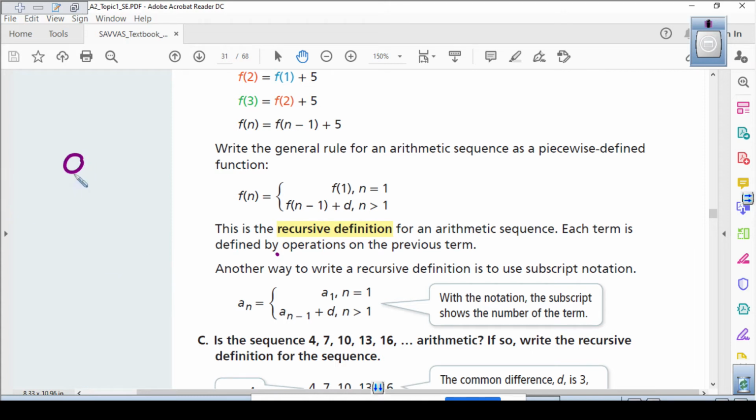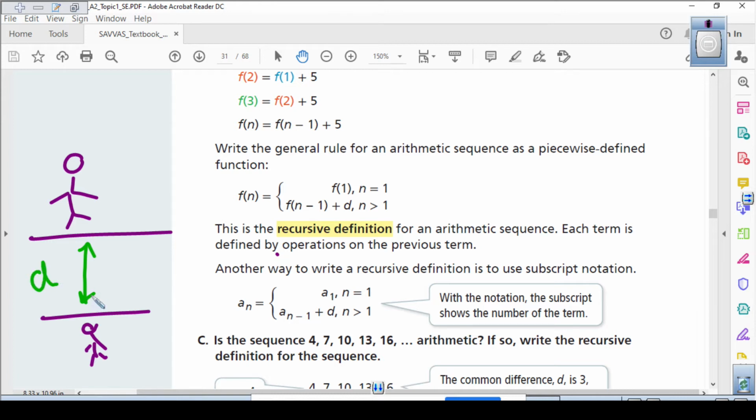So this is me here standing in line, and this is the person behind me, perhaps shopping or something. Remember the social distancing right now? So this is a distance. This distance here is the common difference that we talk about.